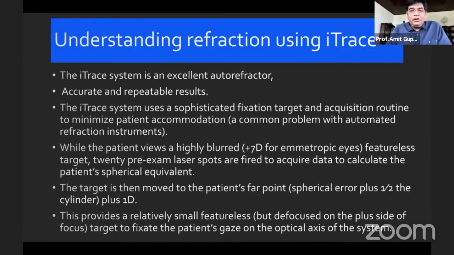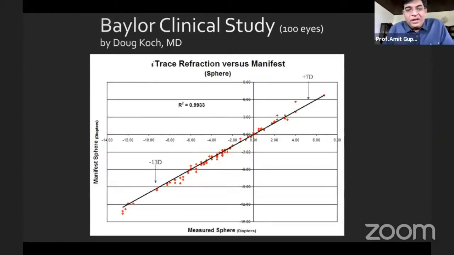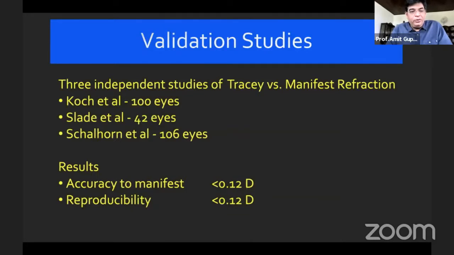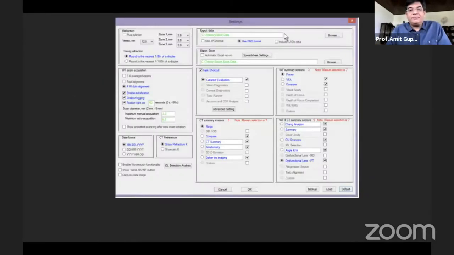To understand refraction using the iTrace, it uses a highly sophisticated system, and we have the ability to fog, auto fog, fixate the patient, and relax the accommodation. Several studies have shown that the correlation of manifest refraction versus iTrace refraction is very good, to less than 0.12 diopters.